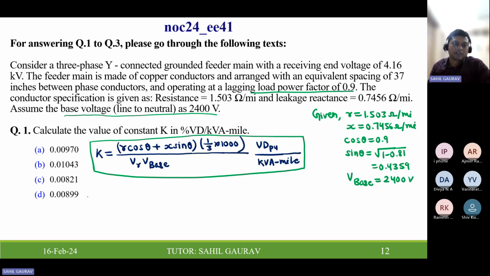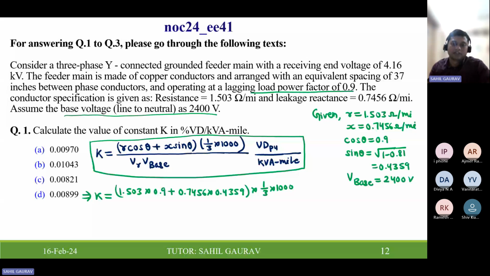So all things are given. You have to just substitute all these values. You will get the answer. A equal to 1.503 into cos theta, 0.9, plus x is 0.7456, so sin theta is 0.4359, into 1/3 of 1000, upon VR times V base.